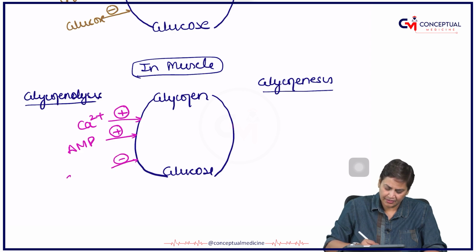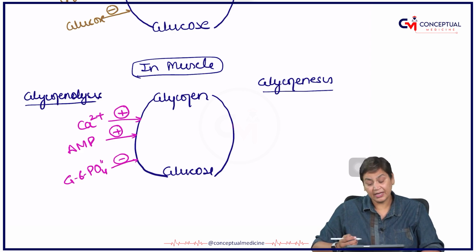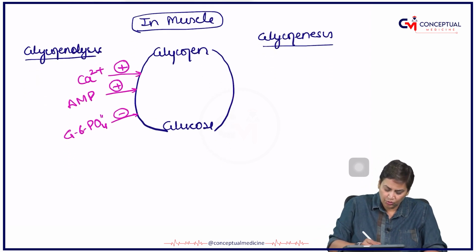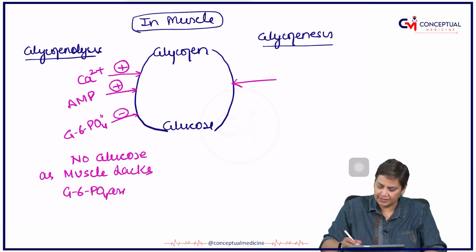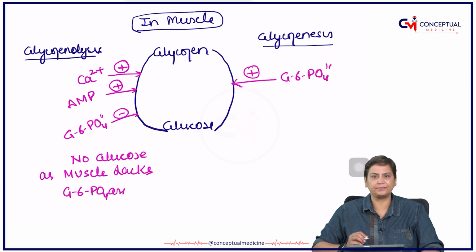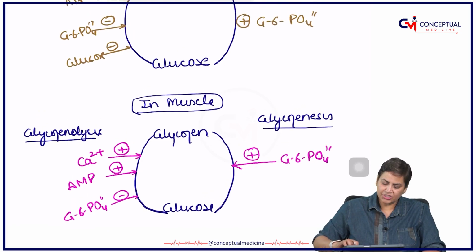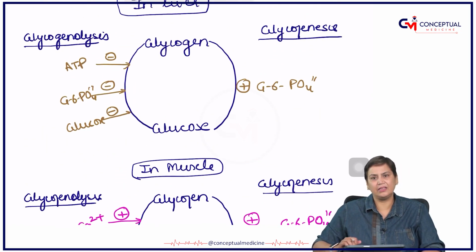Obviously inhibited by glucose 6-phosphate. Here we are not going to take glucose because glucose is not produced in the muscle. So no glucose, as the muscle lacks glucose 6-phosphatase. On the other hand, here we can simply say glucose 6-phosphate will accelerate. So this is the basic difference between the regulation in the liver as well as the muscle.